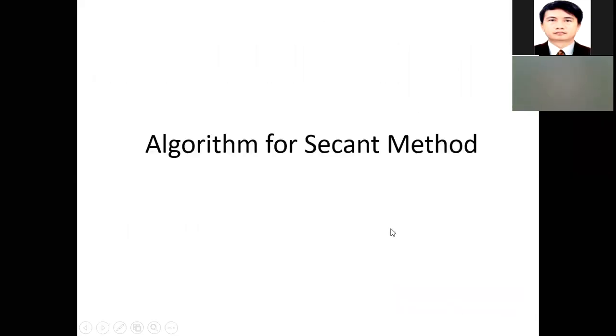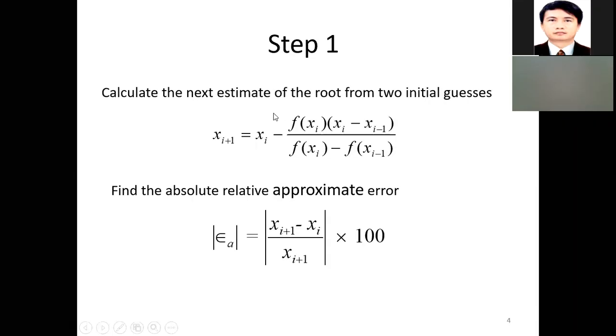So the algorithm for the secant method: in step 1, we need to calculate the next estimate of the root, assuming that we're given the two initial guesses, A and B, for the range. So this is the formula. Then we can find the absolute relative approximate error by applying this formula for percentage error: x new minus x old over x new, take the absolute value, times 100.